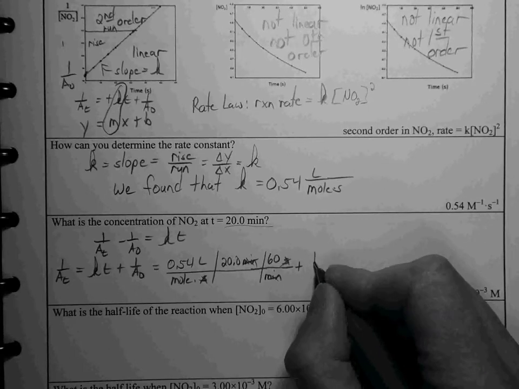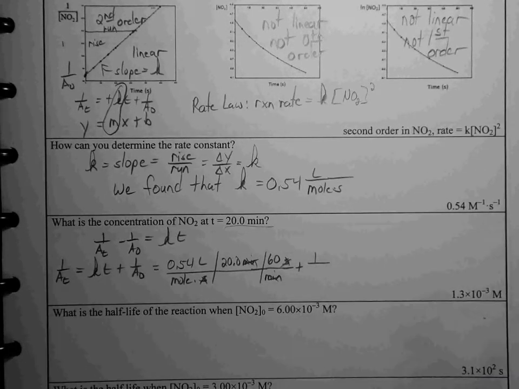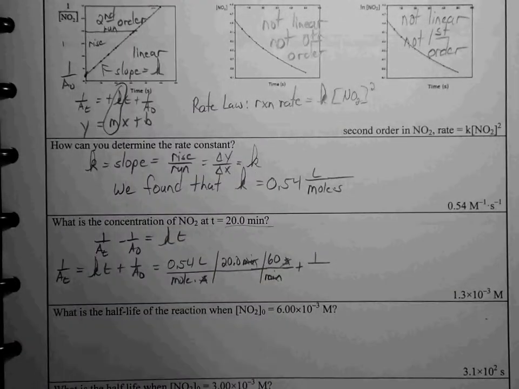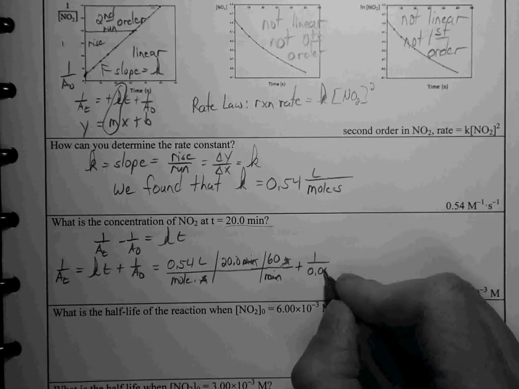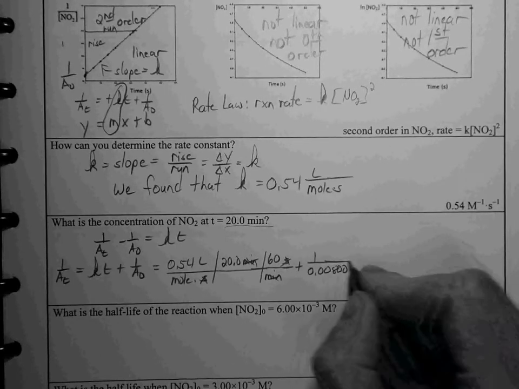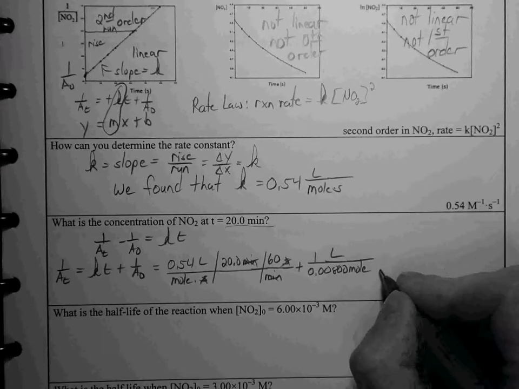Now we're going to add the reciprocal of the initial concentration, which is 0.00800 moles per liter.